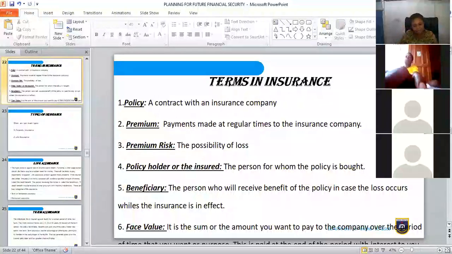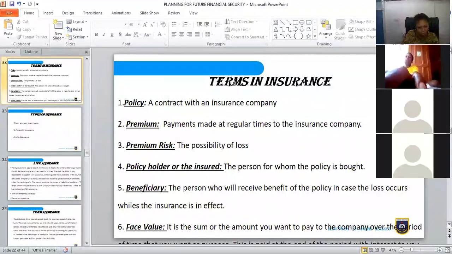Then beneficiary. The beneficiary is the person who will receive the benefit of the policy in case the unfortunate happens whilst the insurance is still in effect. So for instance, you make a policy that when you are no more, the policy should take care of your children's education.